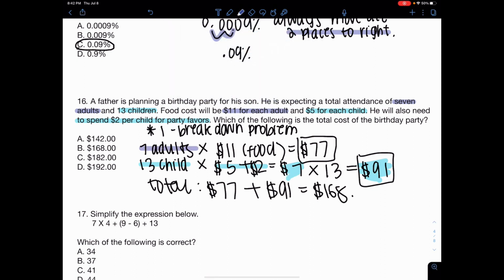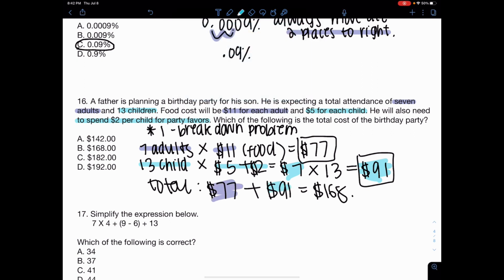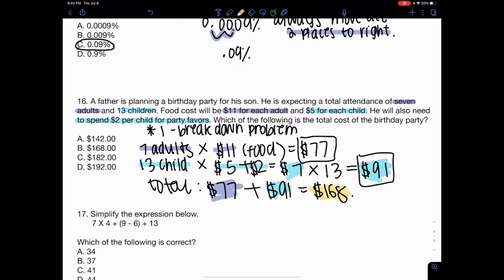Which is not very hard, but of course, if you don't break it down and you're just rushing through it, say you only see the $5 and the $11, you're not going to add that $2. So I have a feeling that's what they're trying to do there. But if you break it down, you will have no problem with finding the correct answer.